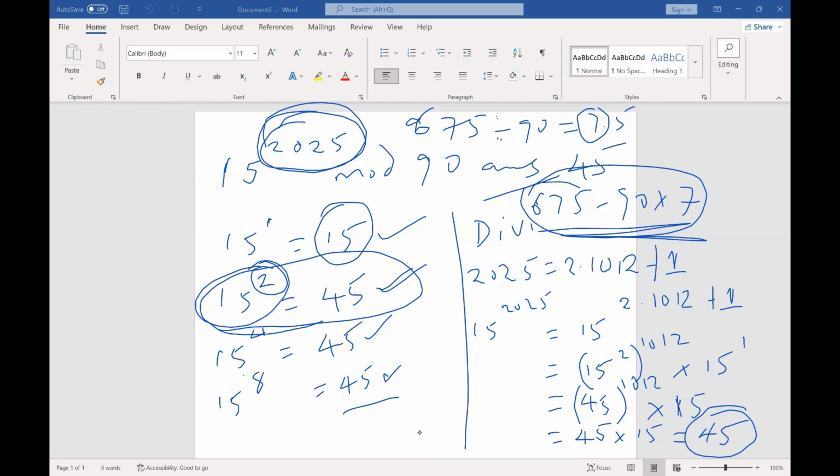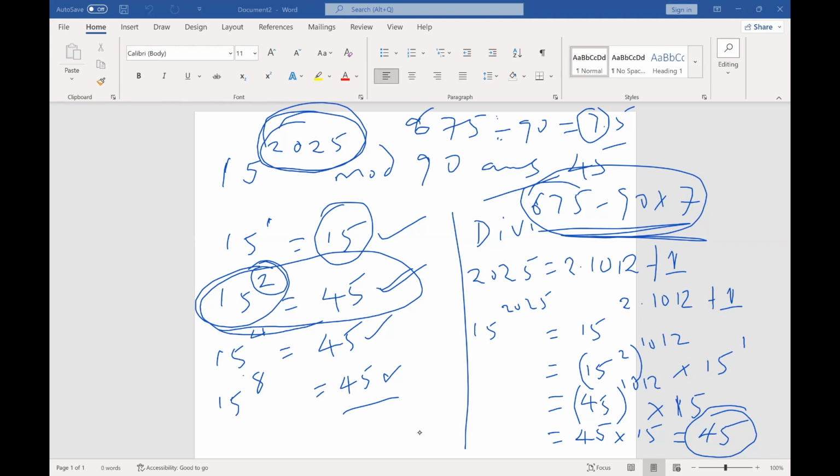Because the decimal is telling us there's a remainder. That remainder is what we want to find out. 45, yes. So we used a shortcut.